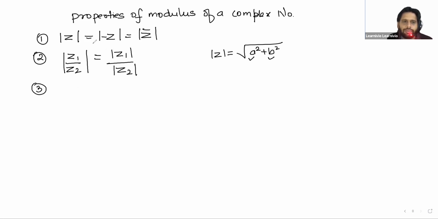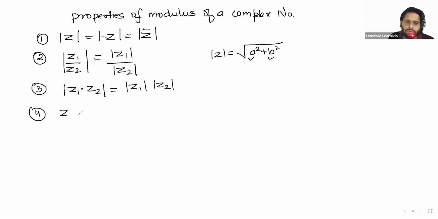So we are discussing the modulus. Then we have this Z1 into Z2. Two complex numbers are in multiplication. We are finding the modulus of this. So this will be equal to modulus of Z1 and modulus of Z2. Okay. Now the fourth property. This we have already noted in the conjugate, but I will explain it.